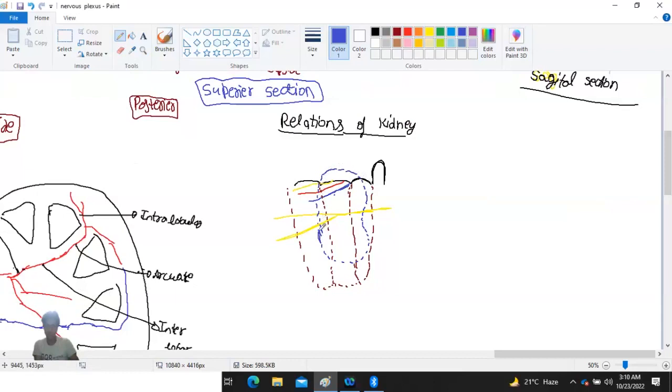This is the kidney, and all these things are the posterior relations. So here we can write posterior relations.